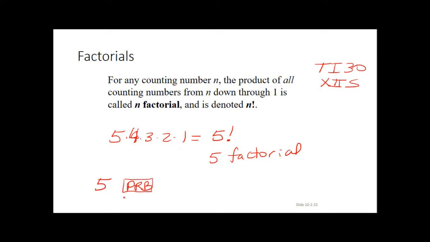That stands for probability. It has a bunch of calculations in it that you can use. When you push that button, you're going to see nPr and nCr, and then an exclamation mark on your screen.